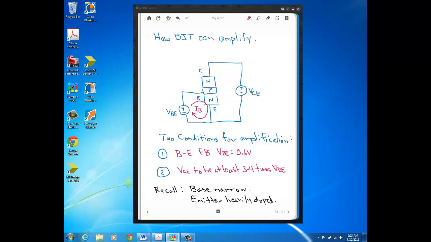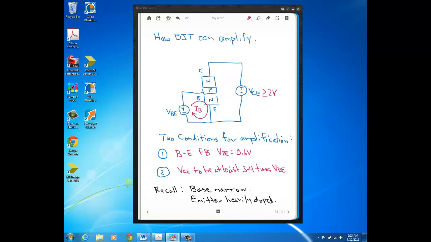Okay, so you need this source voltage to be at least 3 to 4 times bigger than VBE. So it's got to be at least 2 volts or greater. If we have a VBE, say of 0.6, then roughly VCE would have to be at a minimum 2 volts or something greater than that.